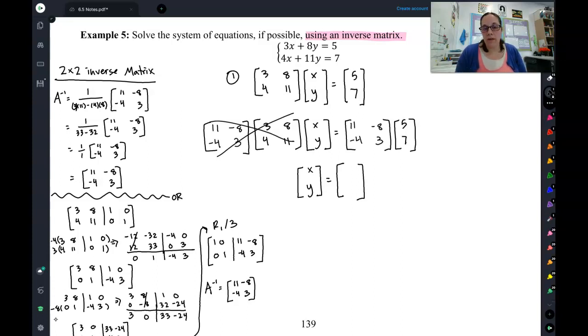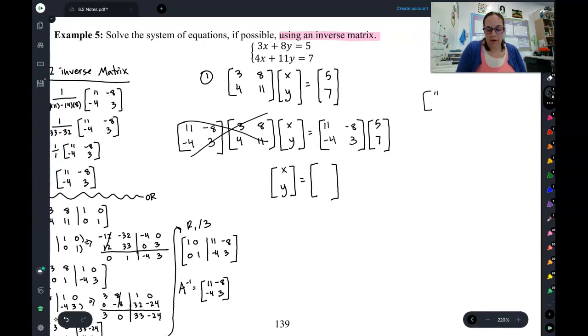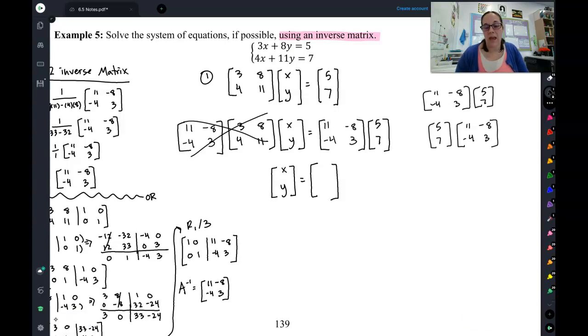Now, one thing that is important to note, remember that we learned in 6.4 that the way you multiply matrices matters. Meaning, if I do this multiplication versus this multiplication, that matters. They're different answers. You can't flip matrix multiplication and get the same answer.